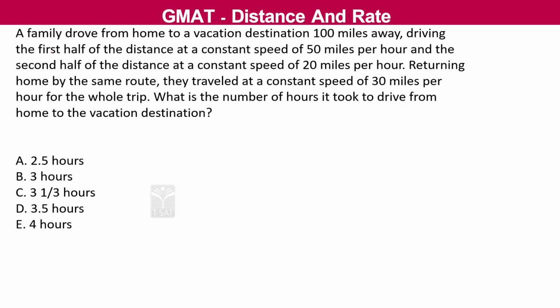So, the question is telling us that the first half of the distance was at a speed of 50 miles per hour. So, first half will be 50 miles. First 50 miles at 50 miles per hour, and the second half, that will be again 50 miles, the second 50 miles at 20 miles per hour.